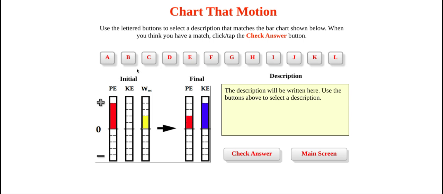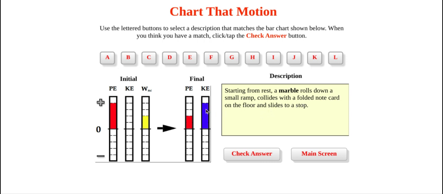My goal here is to find a situation up here that matches that. Let's try this one here. Girl, that's the one that we did before, so that's not it. Starting from rest, a car accelerates from the bottom of a hill to the top. That would be an increase in PE, so that's not it. Let's try K. Starting from rest, a marble rolls down a ramp. That could be it, since it rolls down a ramp, a decrease in potential energy, but it collides with a folded note car.